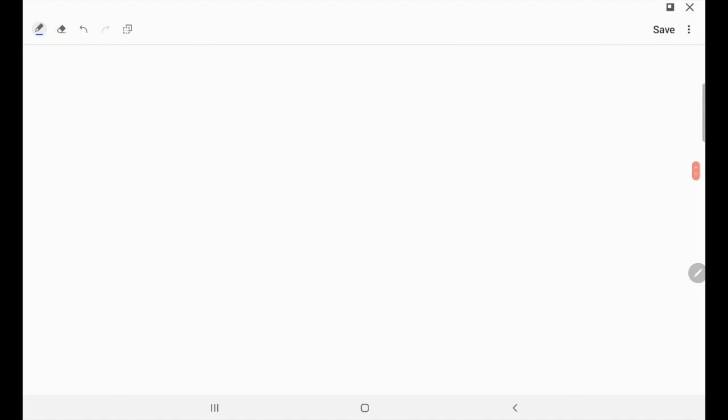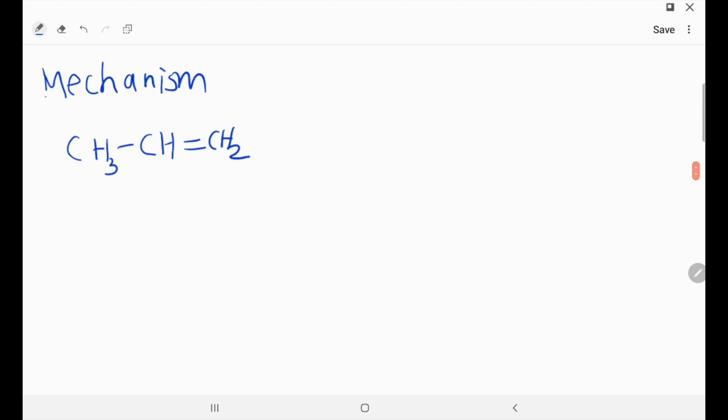Check exactly what is happening in this reaction, dear students. First of all, let's consider a propene molecule, CH3, CH, double bond, CH2. All bonds are okay. In this propene molecule you want to add HBr.